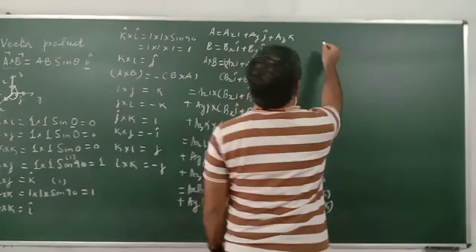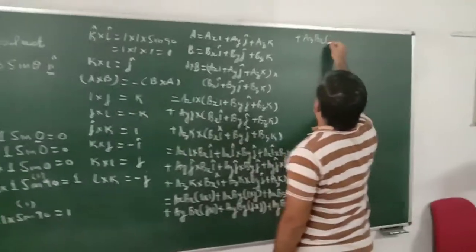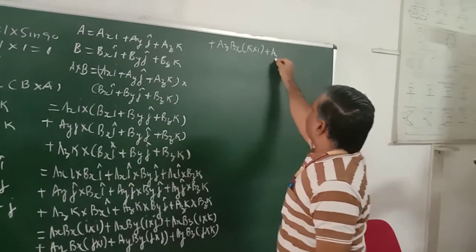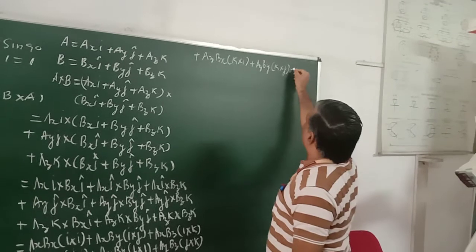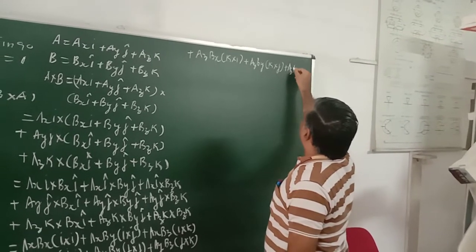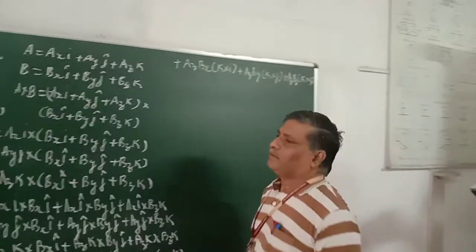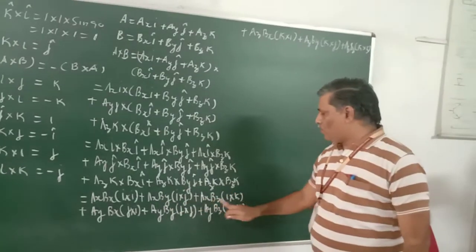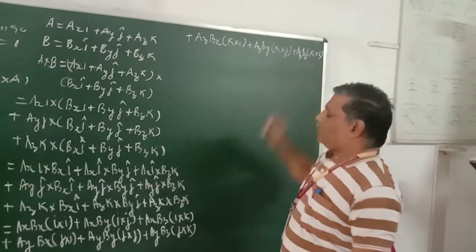Third, plus AZ BX times k cross i, plus AZ BY times k cross j, plus AZ BZ times k cross k. Altogether we got 9 things: 1, 2, 3, 4, 5, 6, 7, 8 and 9.